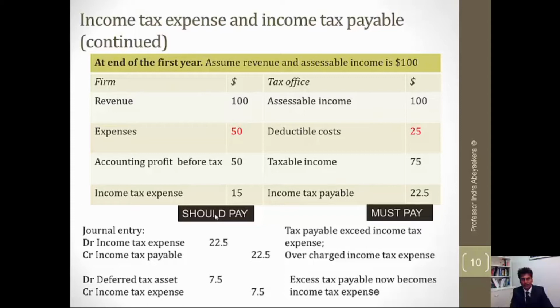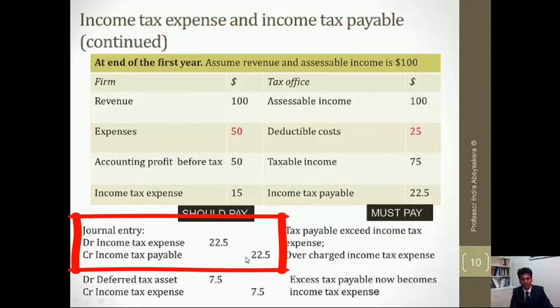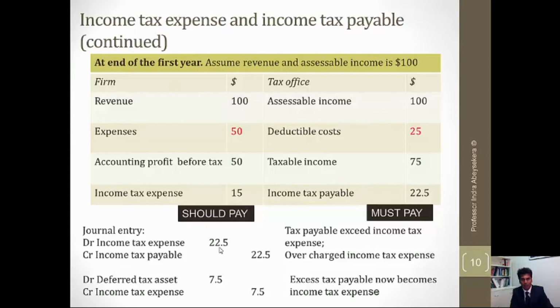So we can record this transaction first, must pay. Here's that. We record that, assuming that is correct. 22.5 income tax payable credit and debit income tax expense 22.5. But we know that what we should pay is 15, so we have to decrease income tax expense.